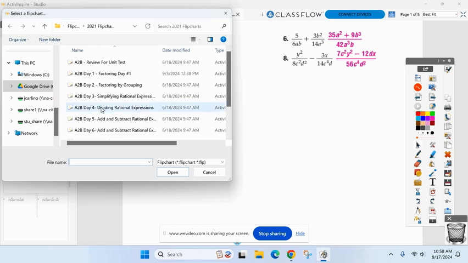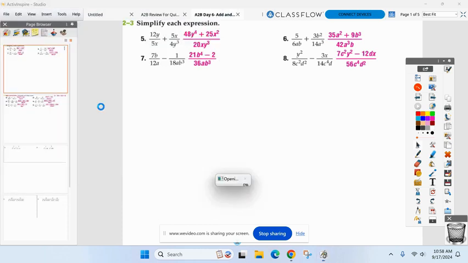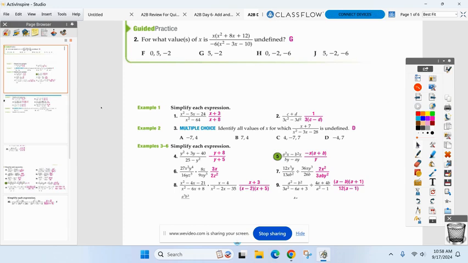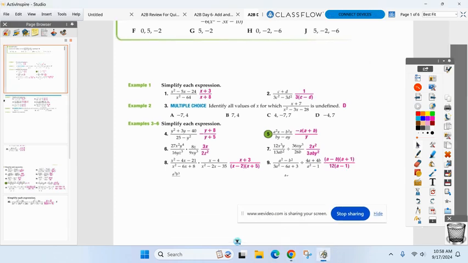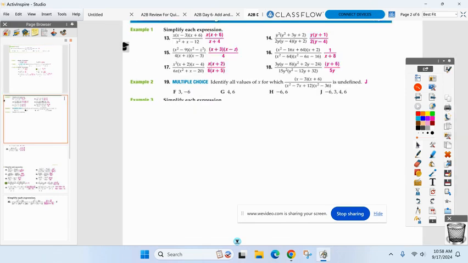Let me go back a day. Multiplying, dividing. We're talking about this page, the actual notes part? Okay.